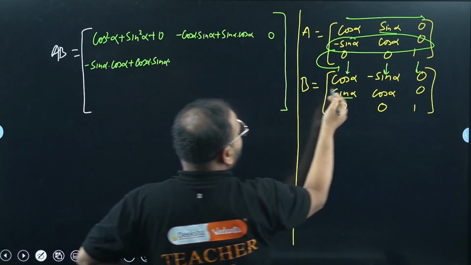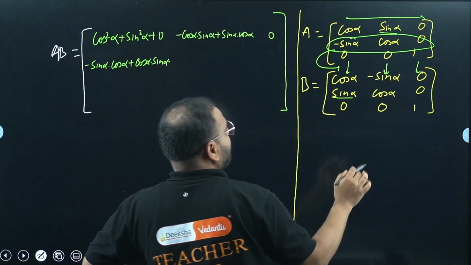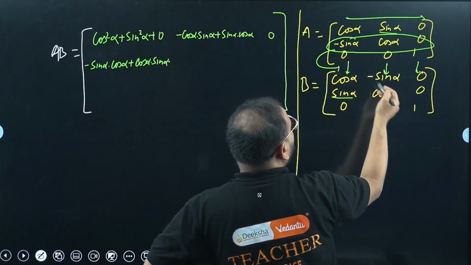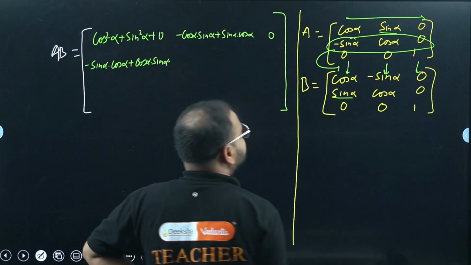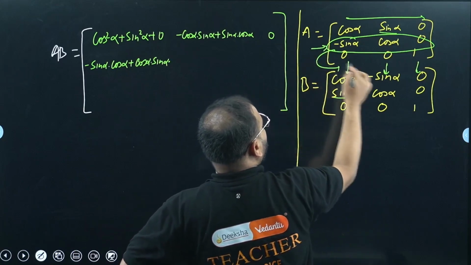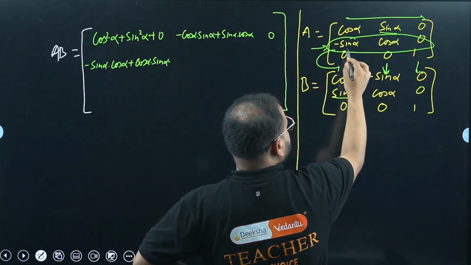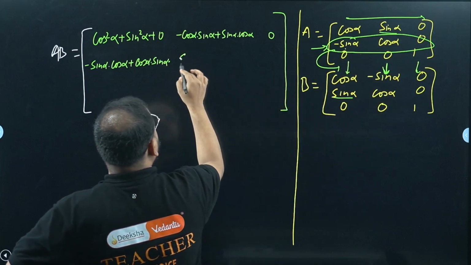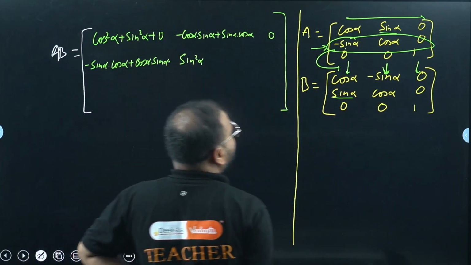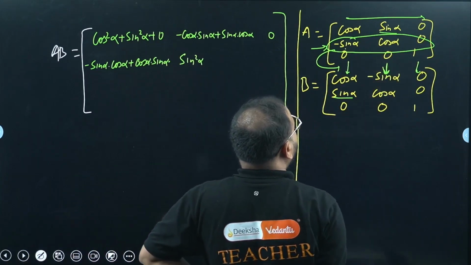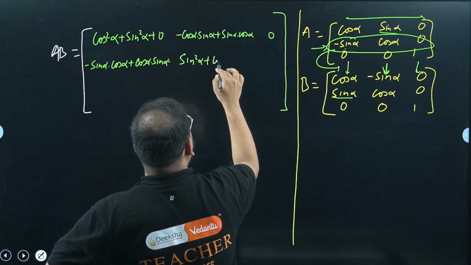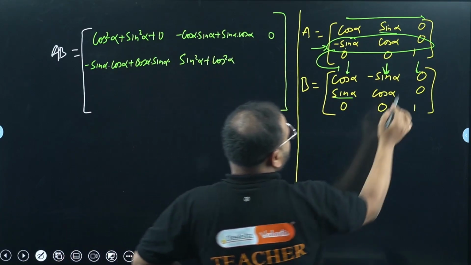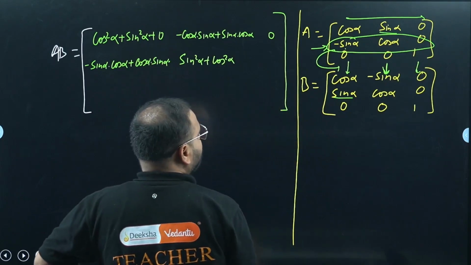Next, move on to the second row with second column. Minus sin alpha into minus sin alpha. What is it? Sin square alpha. Cos alpha into cos alpha, plus cos square alpha. Last one, 0 into 0, so I don't have to write that.